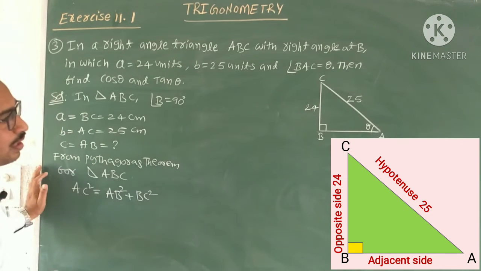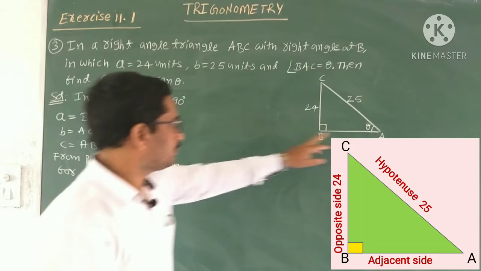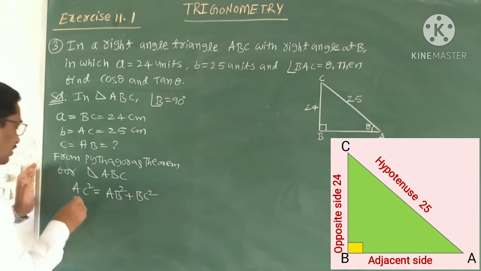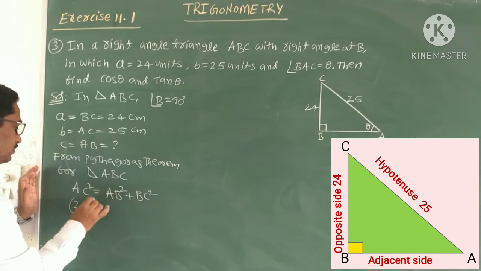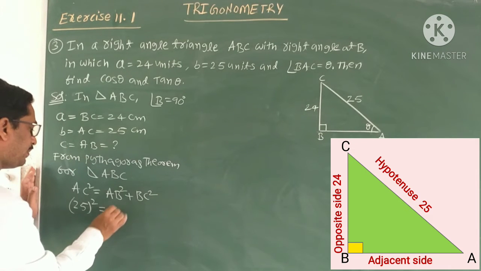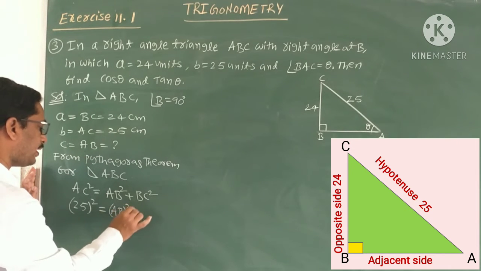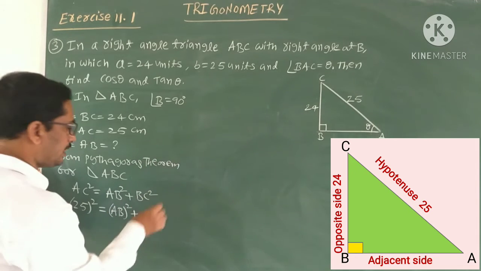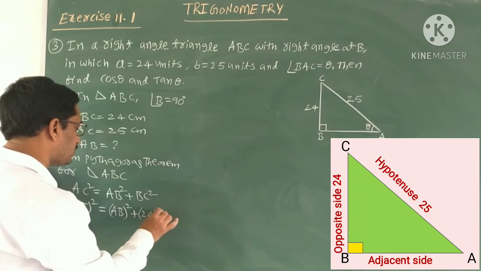AC is given 25, so 25 square equals AB square, which we have to find out, plus BC square, and BC is given 24, so 24 square.